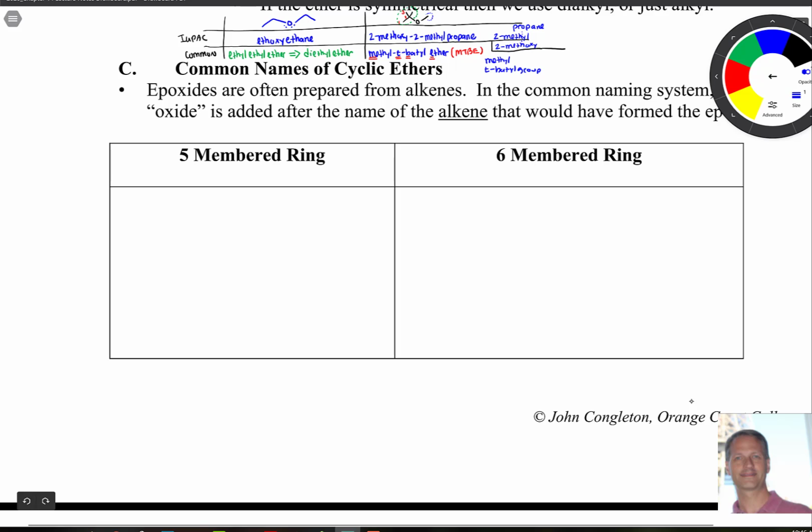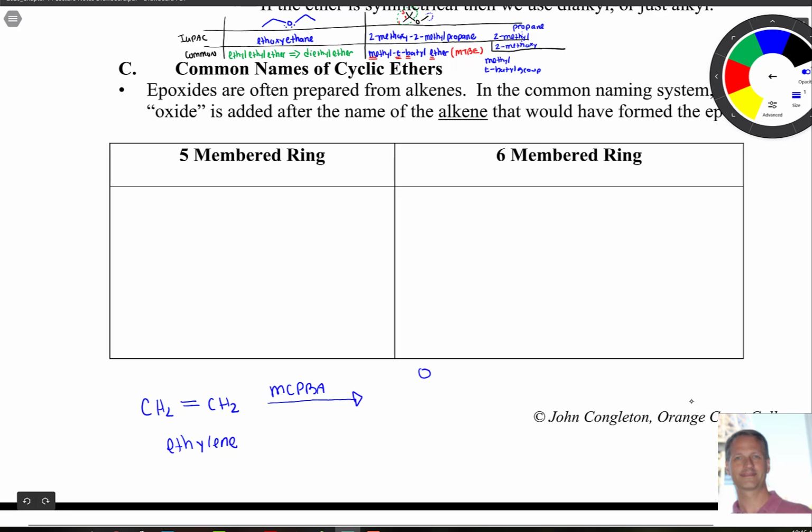All right, so I want to show you down below just the overall reaction, just to refresh your memory. So this is ethylene. Now, one of the reactions that we saw back in chapter 8, reactions of alkenes, is that we could add this thing called MCPBA. Remember, it's metachloroperoxybenzoic acid.